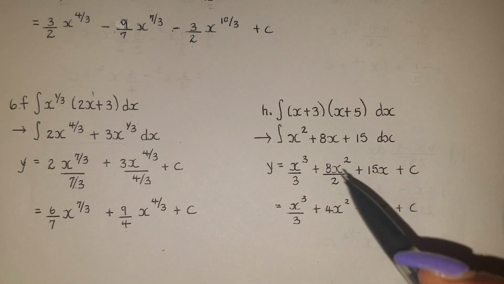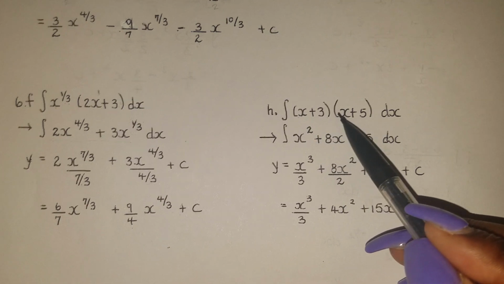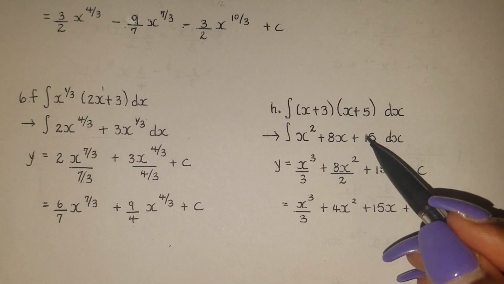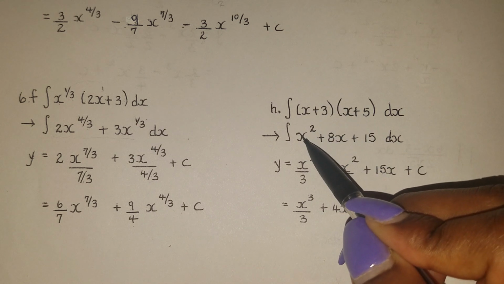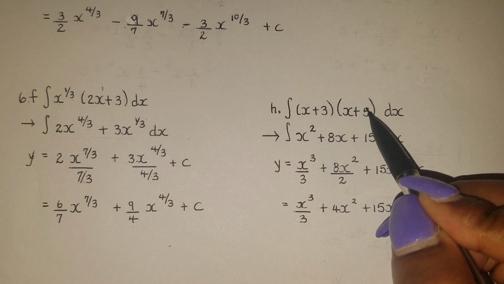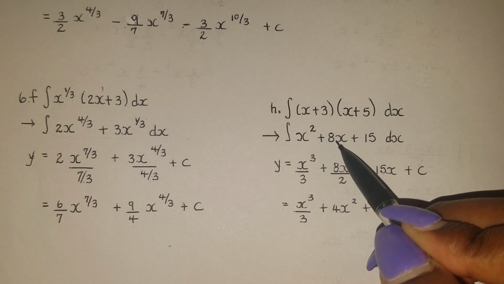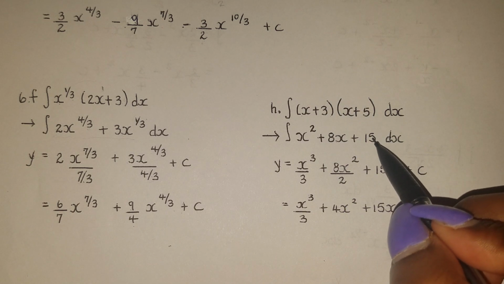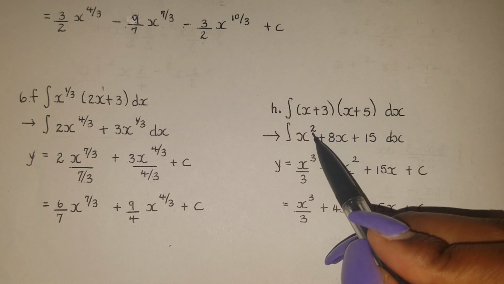In question H, we have the integral of x plus 3 times x plus 5. So when we remove our brackets, x times x is x squared. X times 5 is 5x, plus 3x is 8x, and 3 times 5 is 15. Now we can integrate.